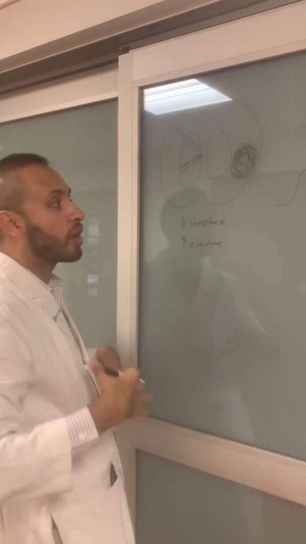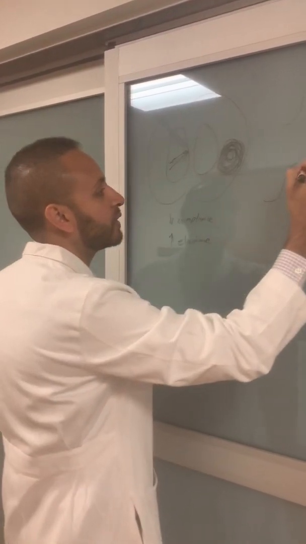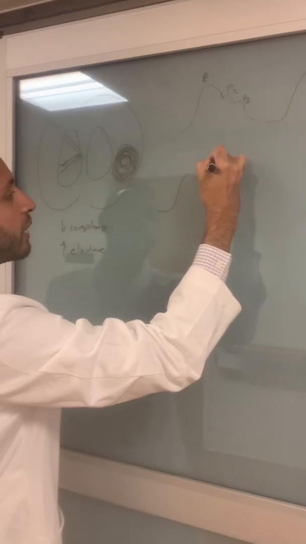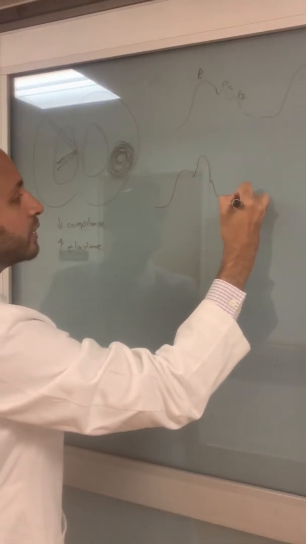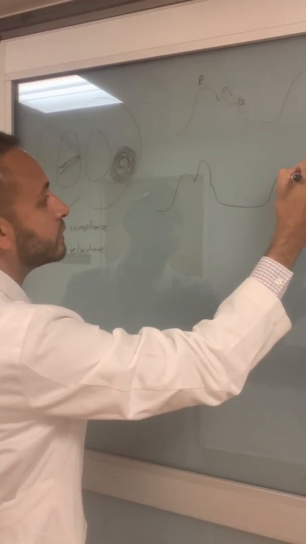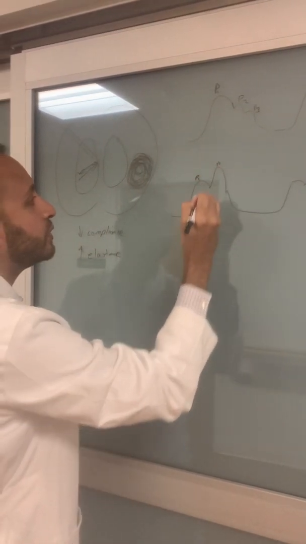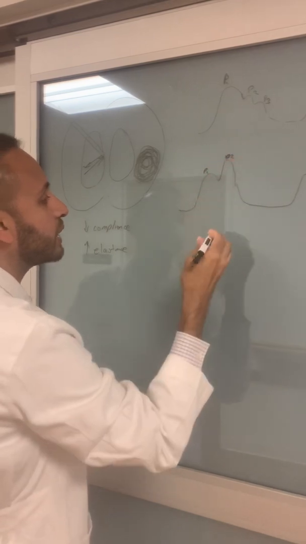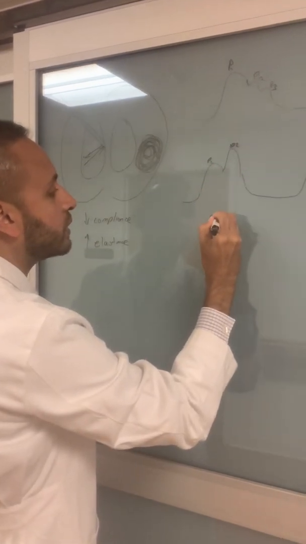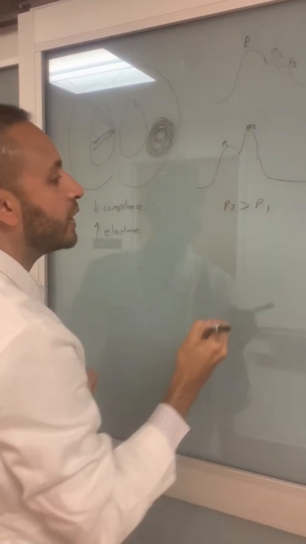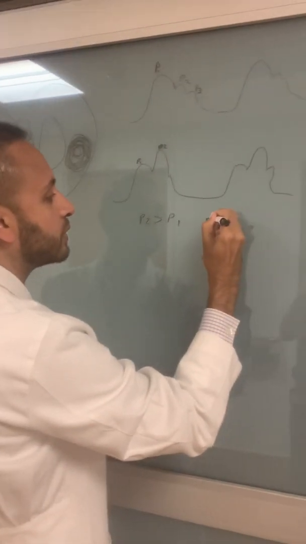So that second wave will actually be higher than the first wave. Here, P1, P2, my handwriting is like a real doctor's. P2 greater than P1: this is a non-compliant brain.